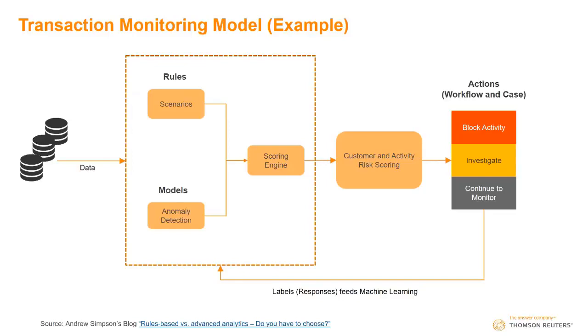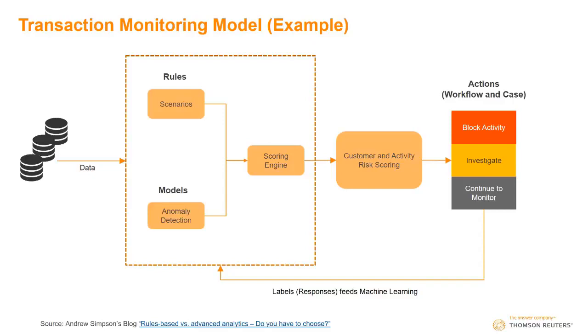And I think in the future, you'll find that these models, using ML or AI, will probably be the bulk of what you're doing for transaction monitoring. When you get this presentation, there's a blog that I did maybe 6 months ago, and it talks about rules-based and advanced analytics, and you don't really have to choose. You can layer your transaction monitoring program with both sets of technologies.